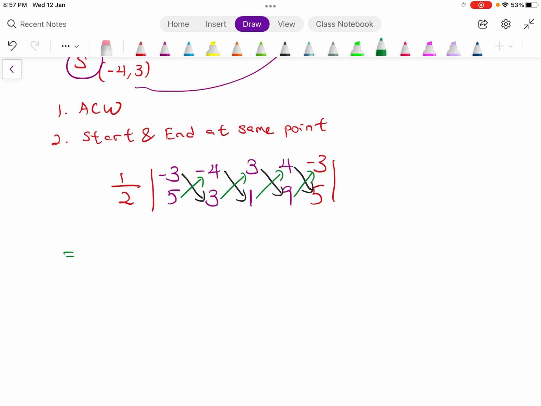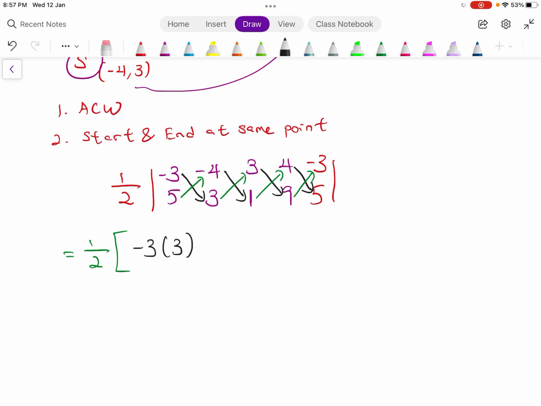After that you do your calculation. You put a half first, then a square bracket. Remember, each arrow represents a multiplication sign. So -3 times 3, you just put -3 multiplied by 3.